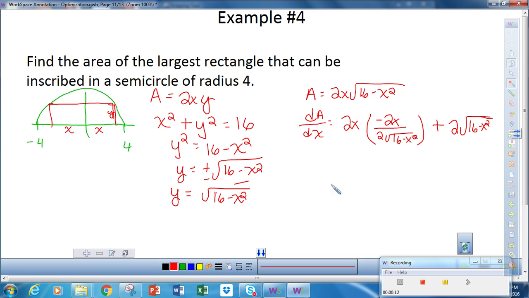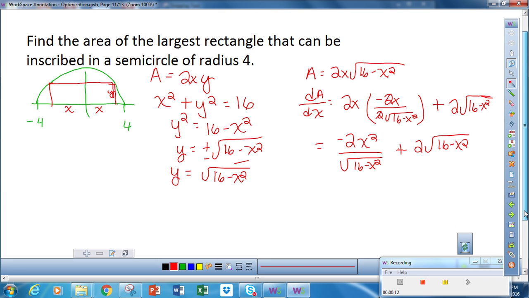Lots of stuff going on here. Simplifying this, the 2 and this 2 cancel each other out, and I get negative 2x squared over the square root of 16 minus x squared, plus 2 times the square root of 16 minus x squared.